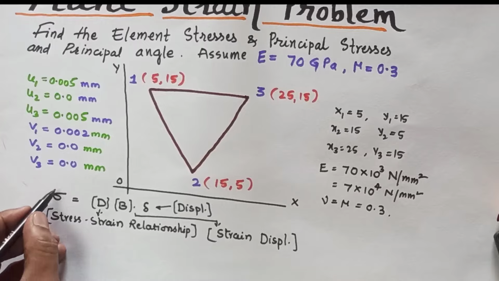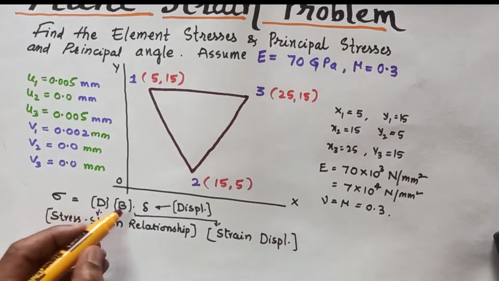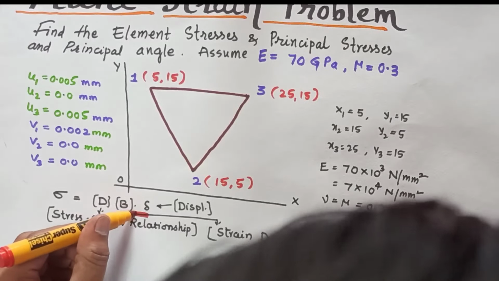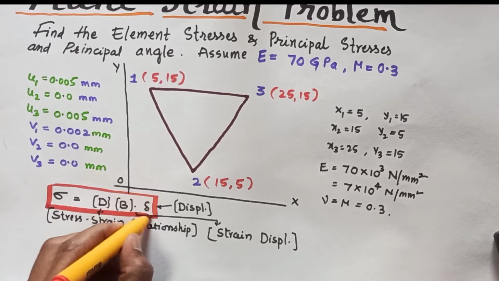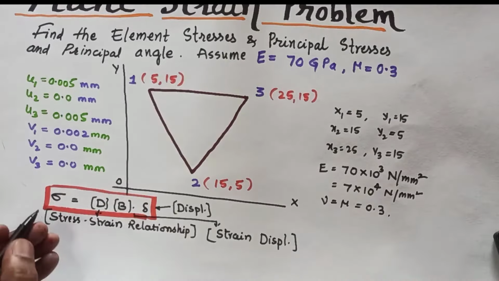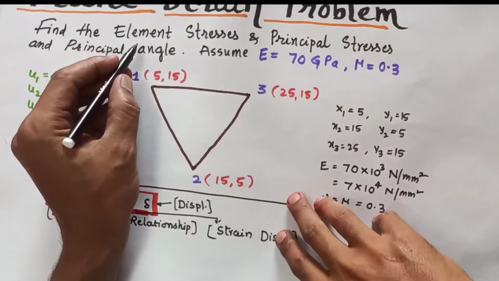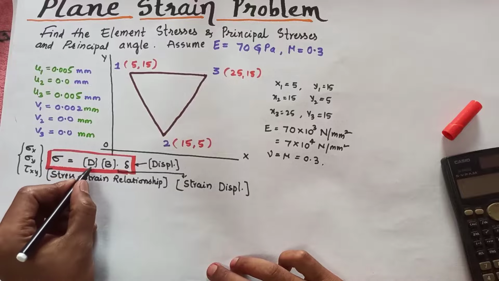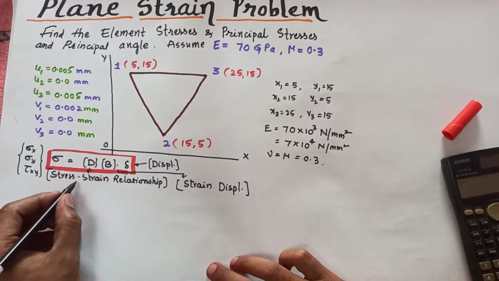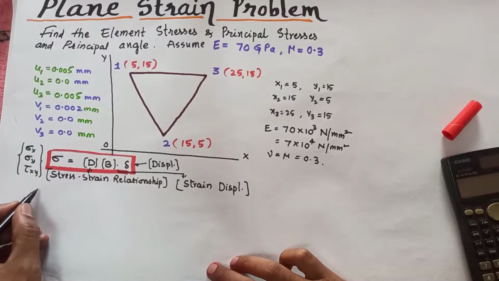Okay, so now it is very important to understand this equation, whatever is given here. This is to be used to calculate the element stresses. Now this is the D matrix, the stress-strain matrix.